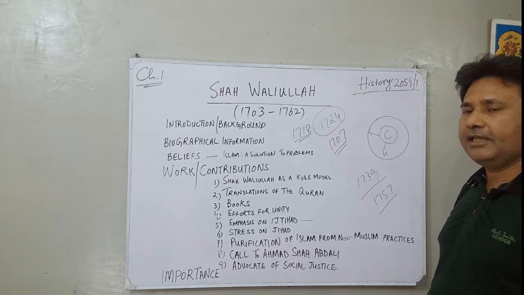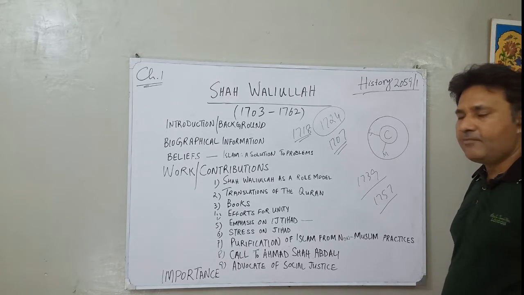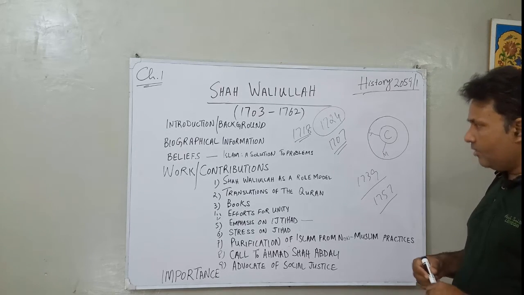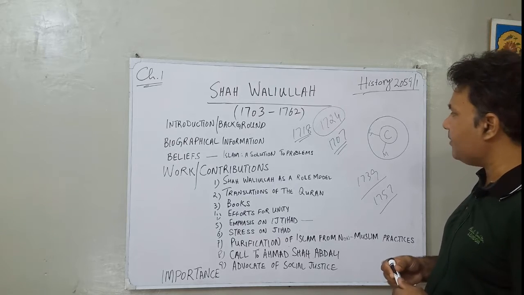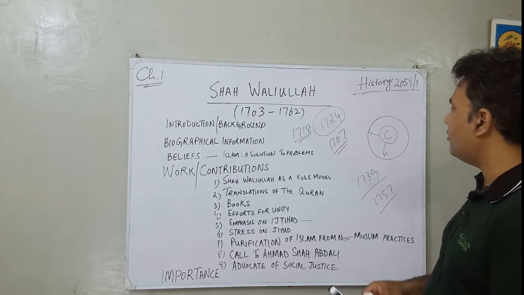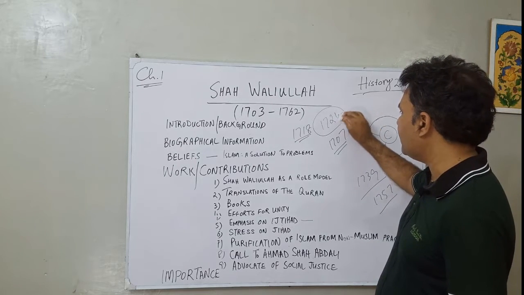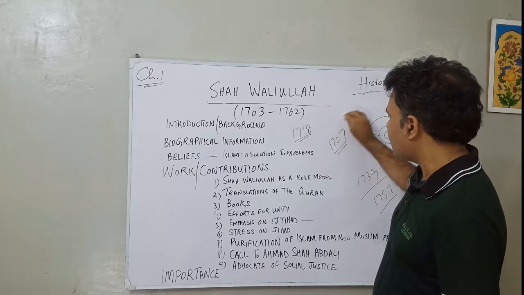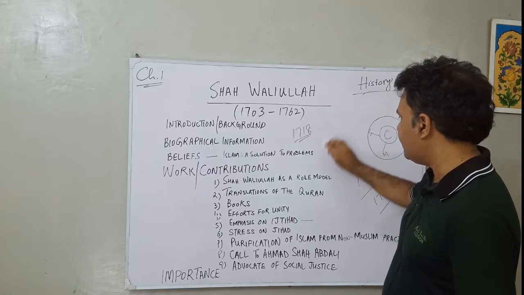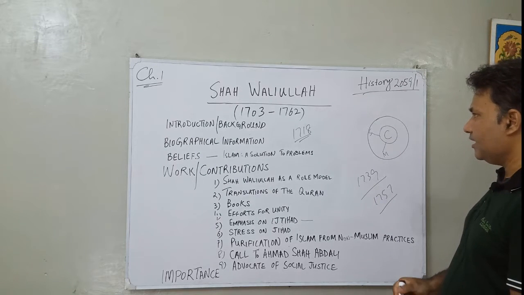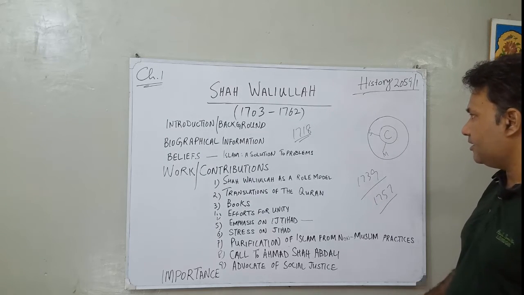While in Arabia, his teacher's name was Sheikh Abu Tahir bin Ibrahim, who was also one of the accomplished and renowned religious scholars of the time in Arabia, and Shah Waliullah received his education in Arabia under his guidance and care.